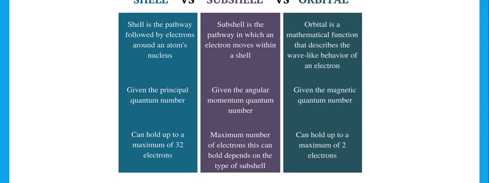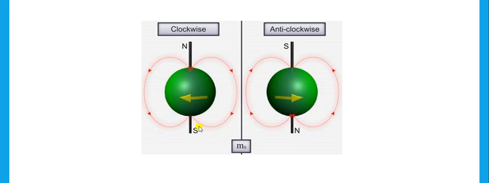Okay students, you can see clearly that if the electron is moving in a clockwise direction, it has clockwise spin, and here it has anti-clockwise spin.